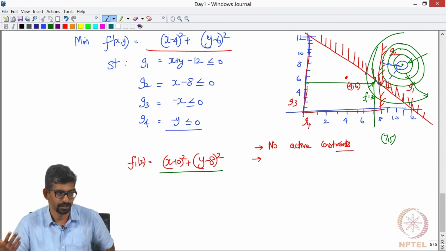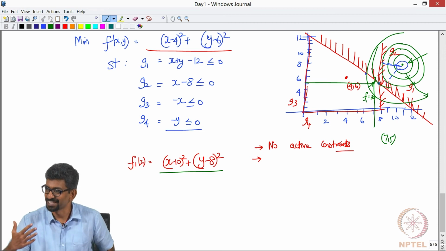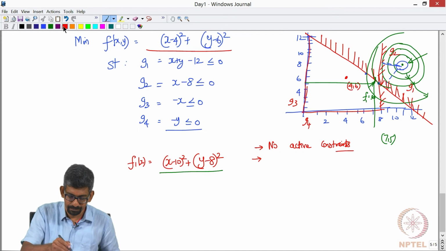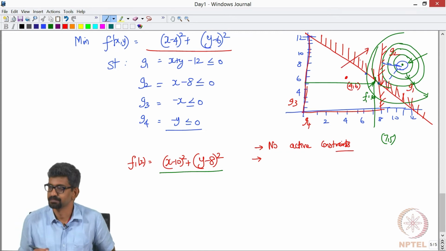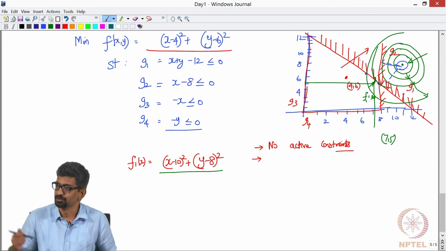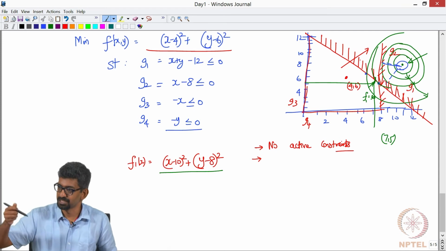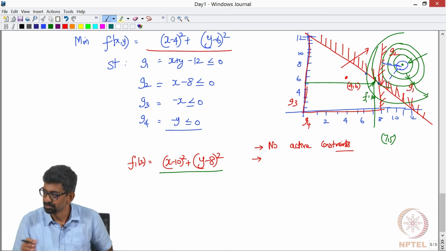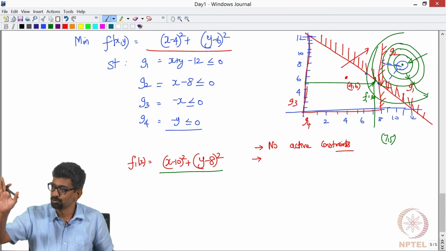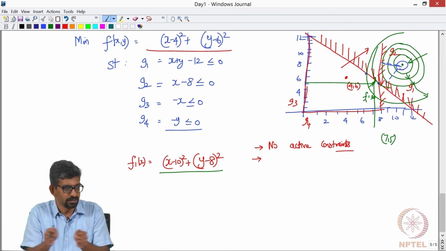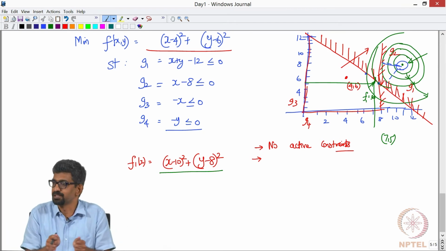If you have observed me, I actually showed. In which direction is my constraint? It is actually going in the opposite direction. My function minimization, I want to keep it smaller and smaller, whereas my constraint is going in the opposite direction. That is when optimization comes into the picture.